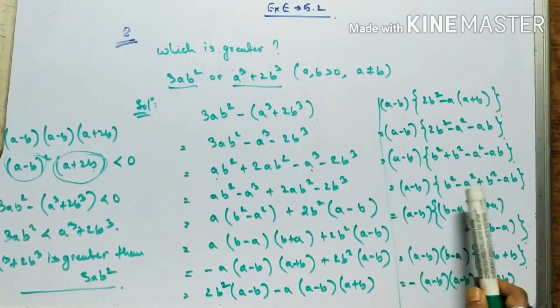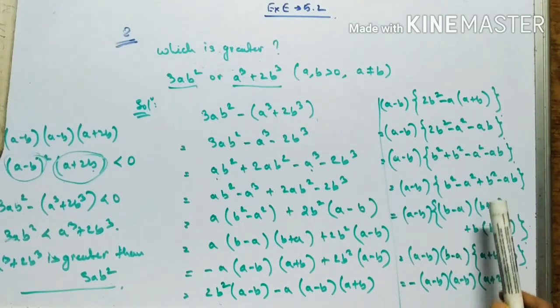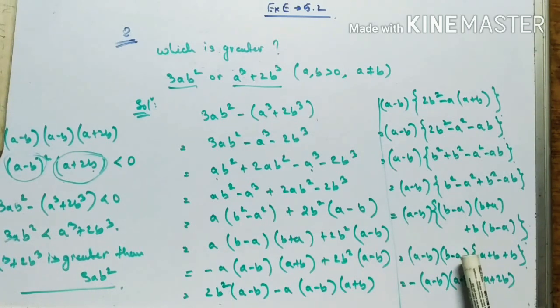So this is again the formula b minus a into b plus a, plus b common, b minus a. So again I will take b minus a common. So I will get minus, since it was b minus a, again I take minus common, so a minus b and a plus twice b.